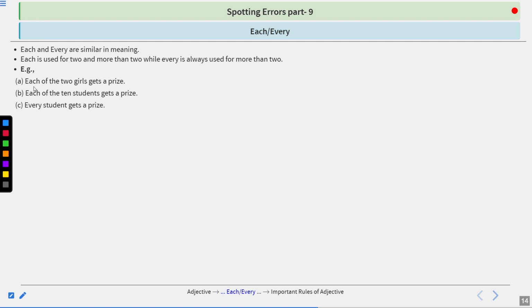But when every and each precede a noun, it becomes an adjective, or you can say a determiner. Every student gets a surprise. So in the first sentence, each is acting as a pronoun, but in the last sentence, each or every is acting as an adjective. Every student, every candidate. I hope you have understood.